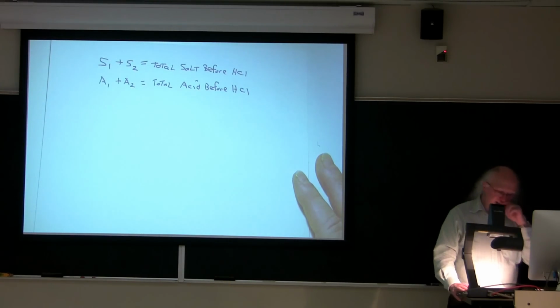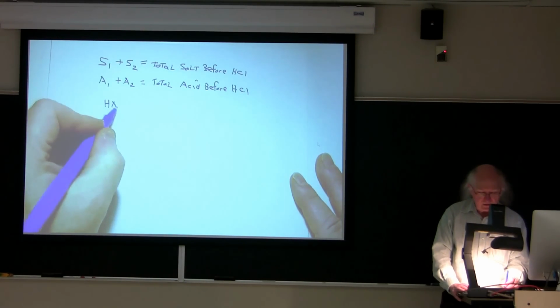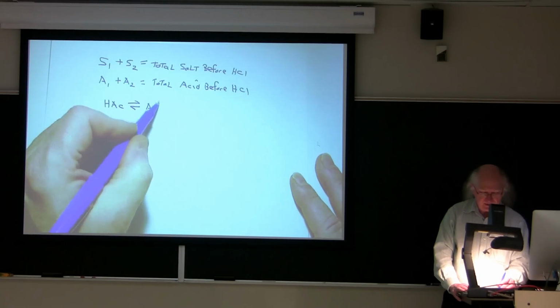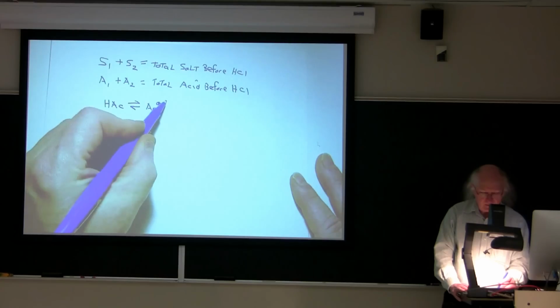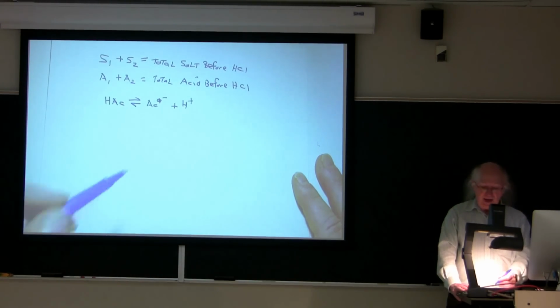Well, adding HCl, I always want to remind students to write this equation down. HAc ionization goes to Ac minus plus H plus.